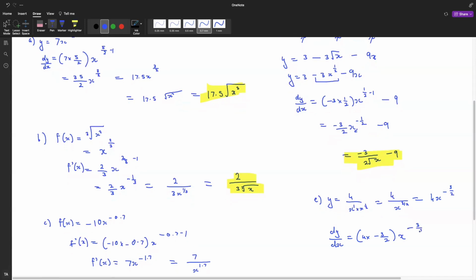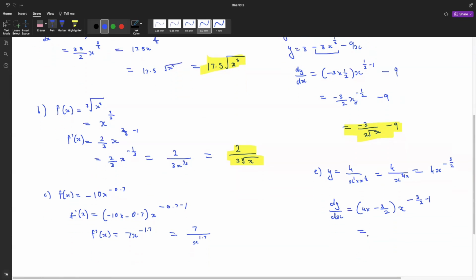So negative 3 over 2 minus 1. So 4 times negative 3 over 2 is just negative 12 over 2, which is negative 6x. And then negative 3 over 2 minus 1 becomes minus 5 over 2.